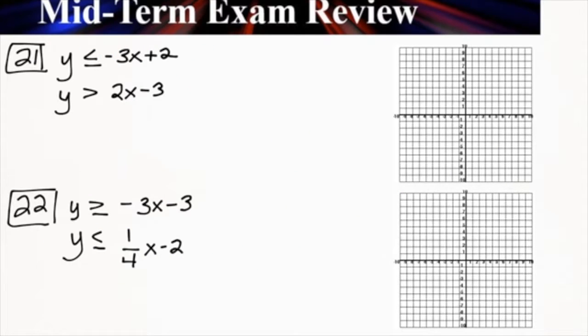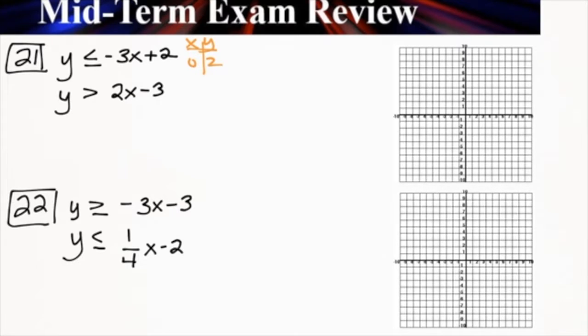So for 21, we have to show the intersection for this system of equations. But we're actually looking at inequalities, so really we don't have to find just the intersection point, we have to find the shaded area as well. Okay, so I'm going to go ahead and graph these. Now, I'm going to start by plugging in 0, because 0 will give me my y-intercept.